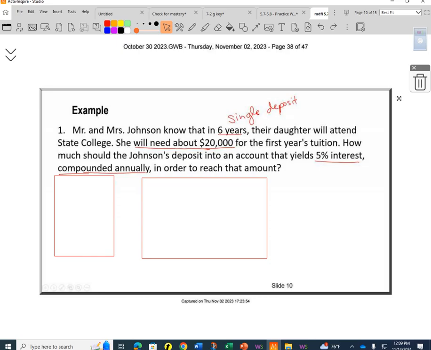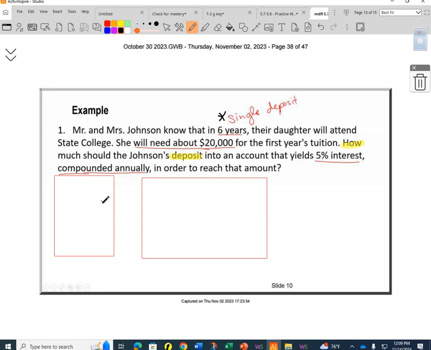So we know it's a single deposit. It does say compounded annually, but it's only one deposit. If it were more than one deposit, it would say every week, or every month, or monthly, or quarterly, right? Because they're asking how much should they deposit, that is the clue that we're using the formula to solve for P. So make sure you indicate this is what you're looking for, because we're going to be testing on all these formulas on Tuesday.